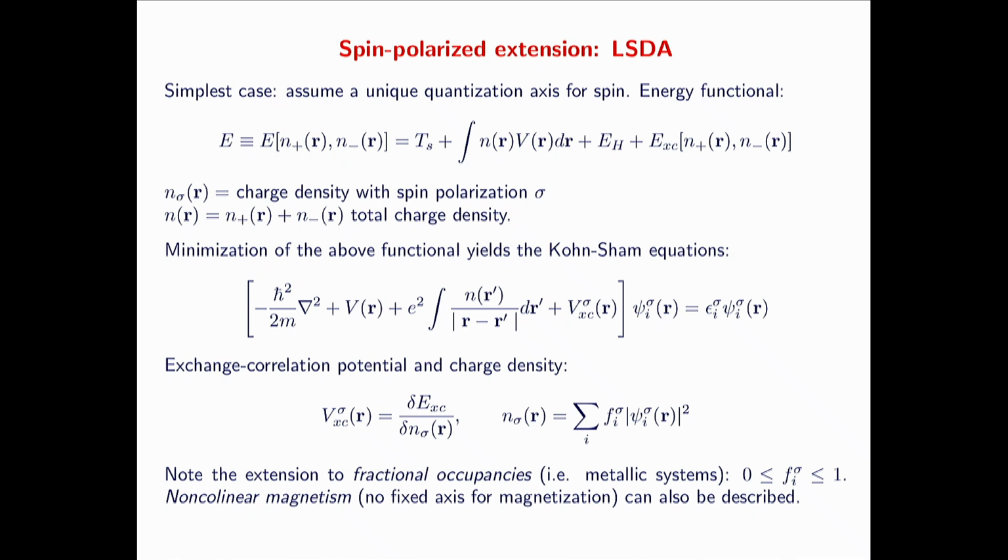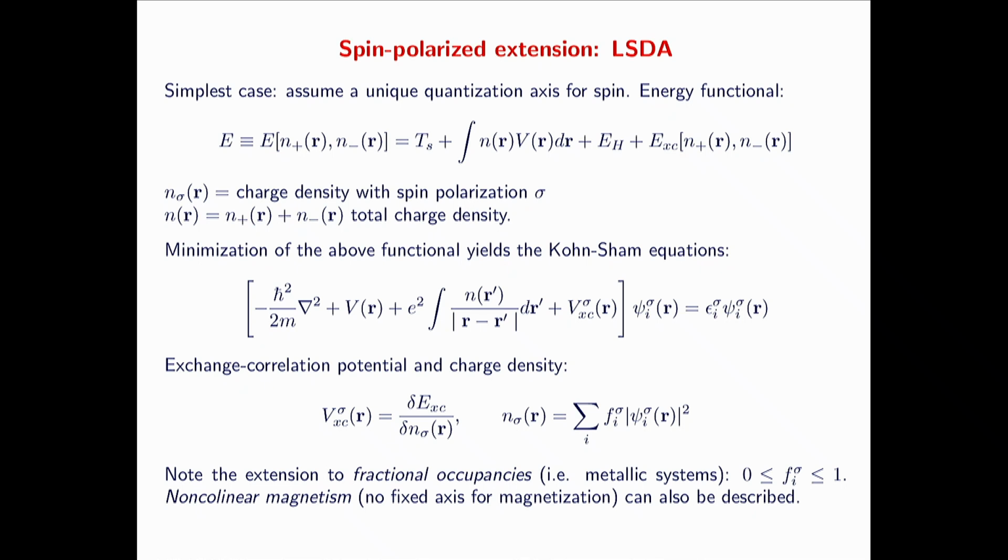Notice that I have here introduced silently, not so silently because it's written explicitly here, another extension of DFT to fractional occupations. This is important for metals. Until now, implicitly, I have assumed that you have either occupied Kohn-Sham orbitals or empty Kohn-Sham orbitals that don't contribute to the charge density.